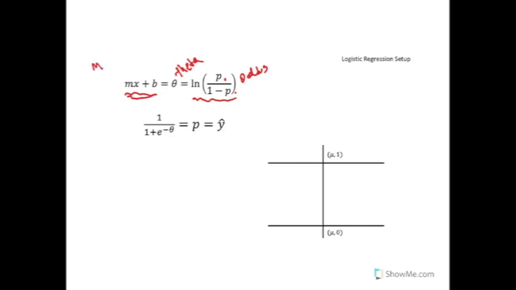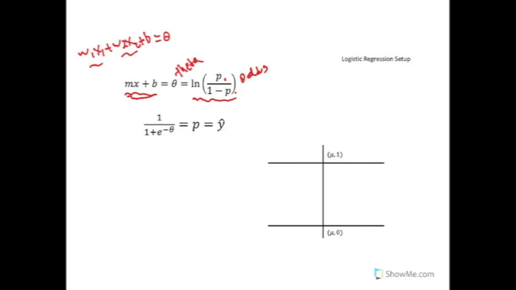It could be represented in a set of weights. So weight 1 times x1 plus weight 2 times x2 plus b, right, is equal to theta. And these number of x terms and weight terms could be arbitrarily large. But in general, this linear combination is equal to theta.